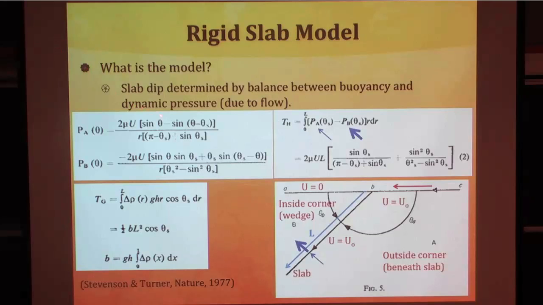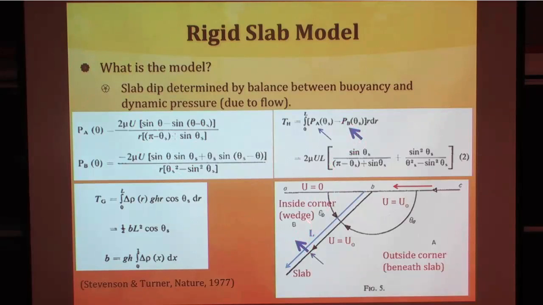You have the pressure here, which depends on, these are the only things that matter, the viscosity, how fast the plate is moving, and then a bunch of just angles. Where are we in this flow, okay? And also how far down we are along the slab. R is the distance from this corner going out in a radial coordinate system, okay? So these are the pressures that are actually acting on the slab.